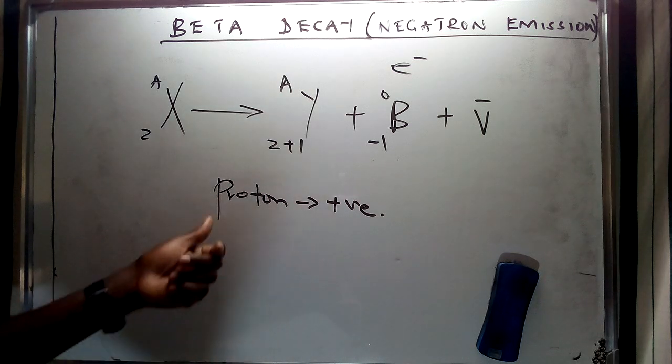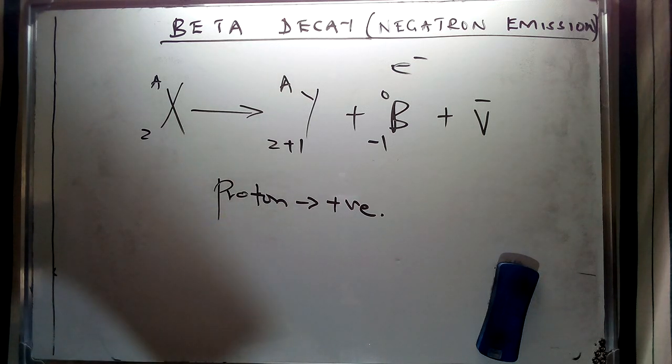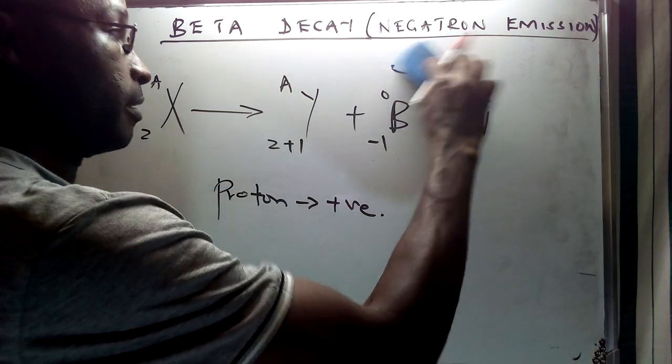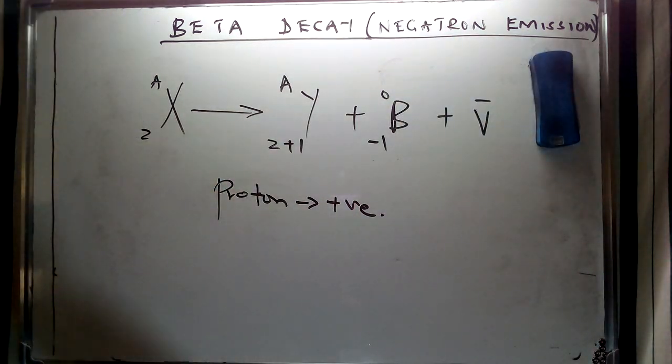Therefore, the emitted beta particle mass is not included in the calculation of the Q value.